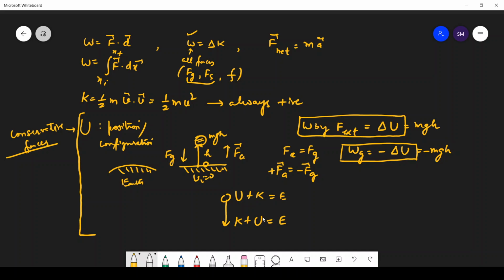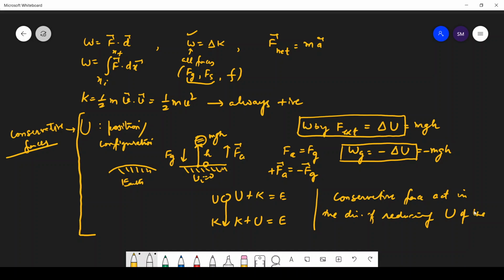So how do we get this kinetic energy? This potential energy was converted into kinetic energy due to the gravitational force. So conservative forces act in the direction of reducing the potential energy of the object.